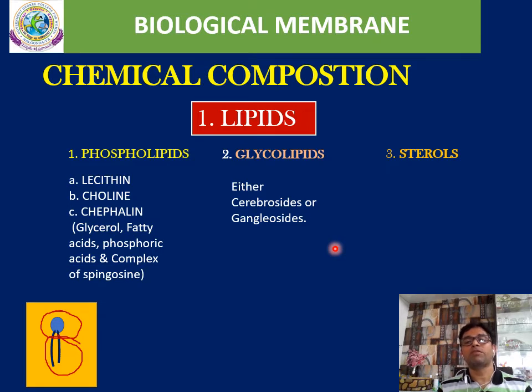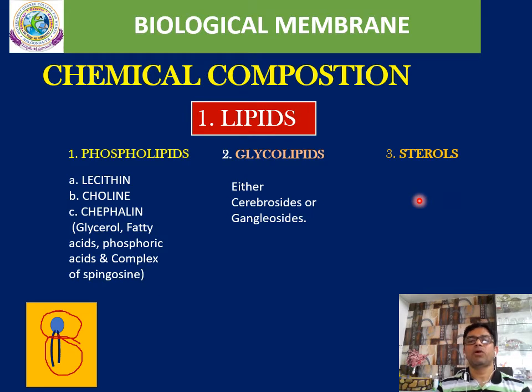Glycolipids are present in two forms in the plasma membrane: either cerebrosides or gangliosides.